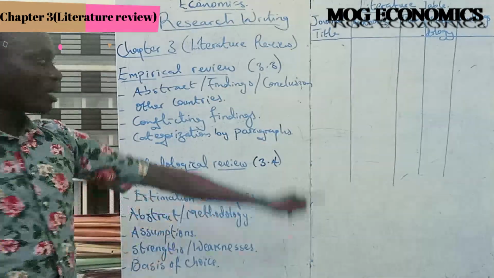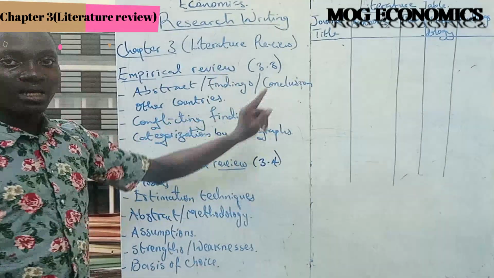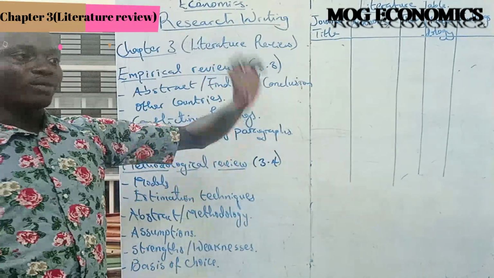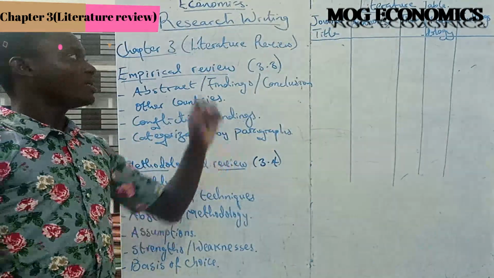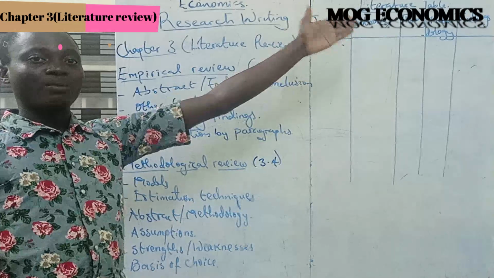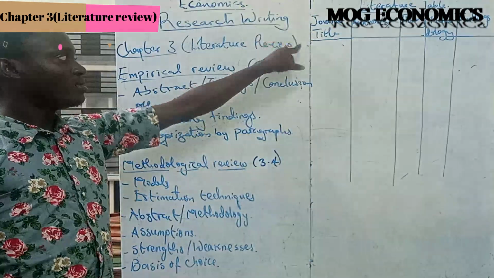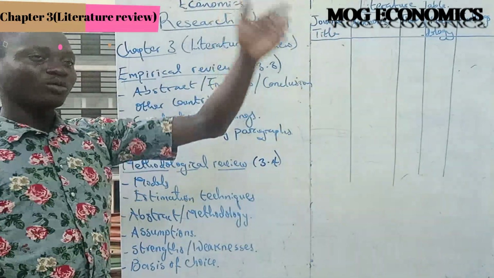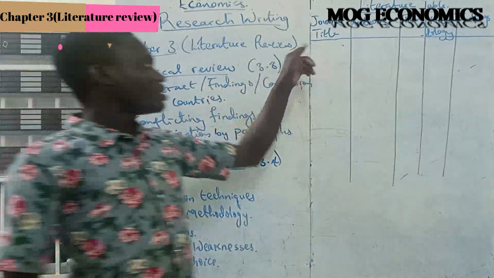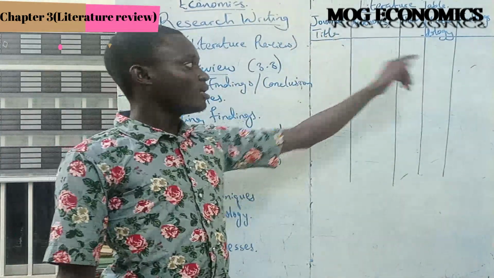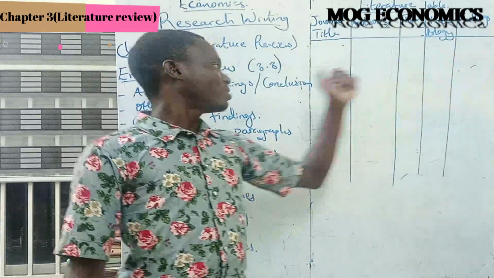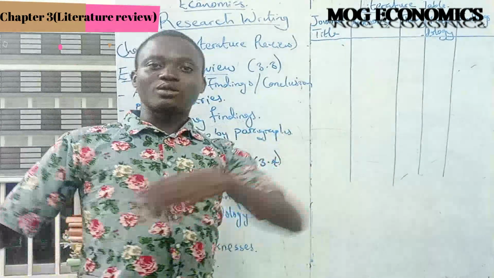If I need information on CPI, I just pick those journals and open them, take whatever I want, done. Now if I'm doing my empirical review, for example, I can easily pick each journal, journal 1 that I've written here, what was their finding, I pick it there. The other journal I pick, so I don't have to be opening the journals again.